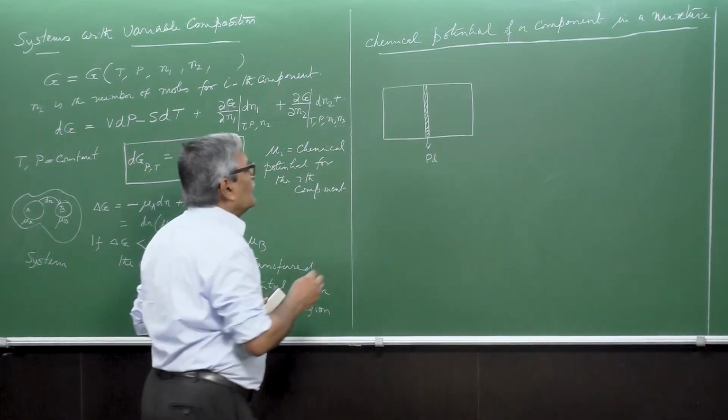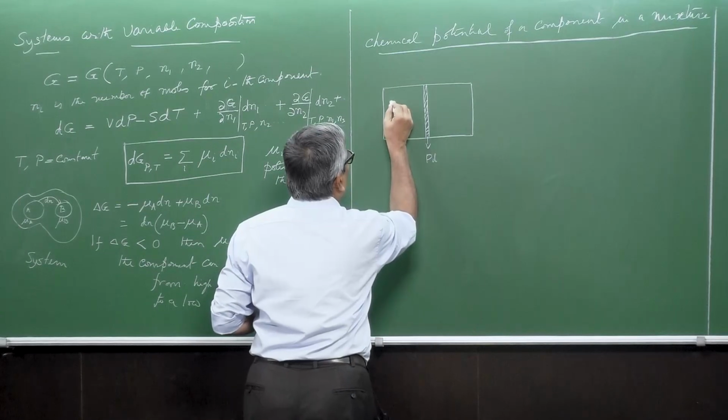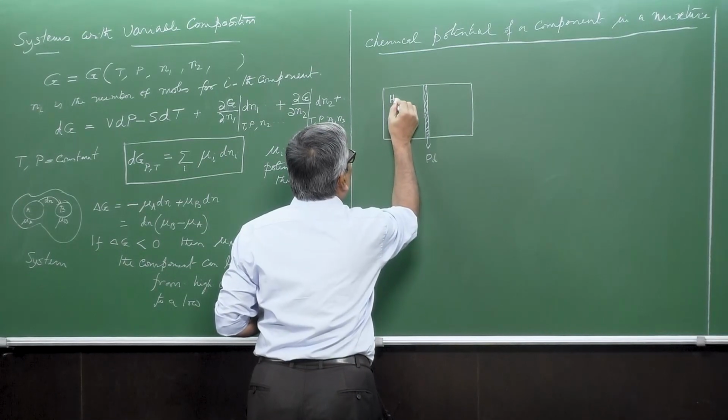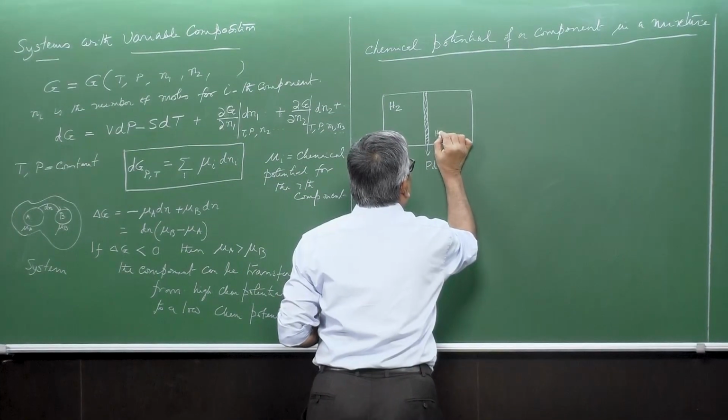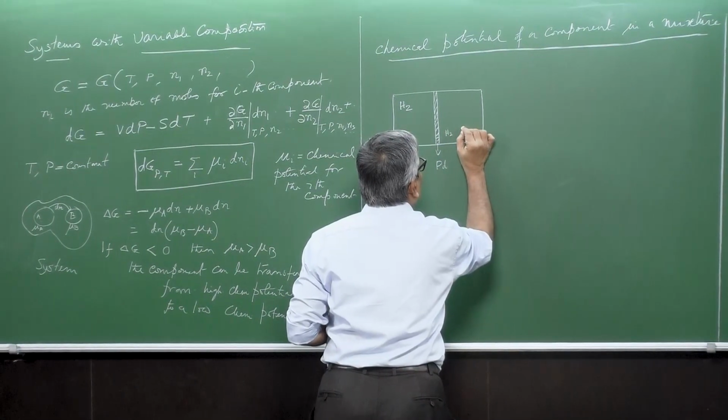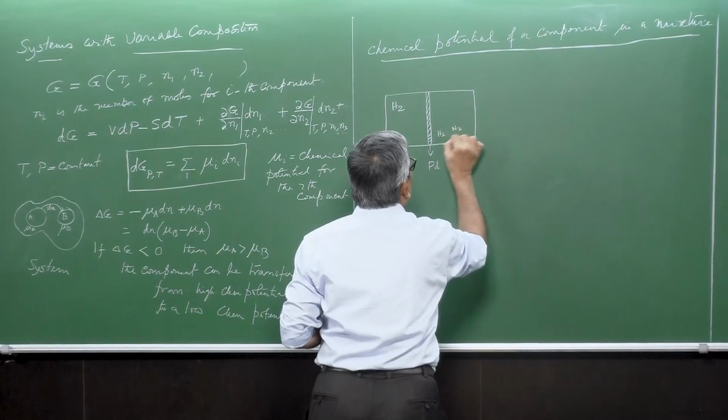So in the left hand compartment, I put pure hydrogen, and on this side I have H2 plus N2. It is a mixture.